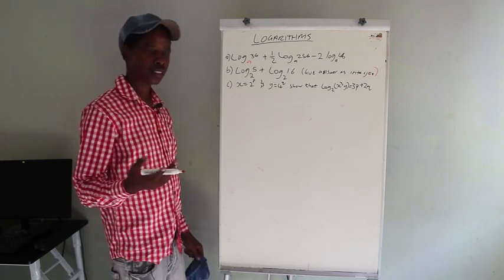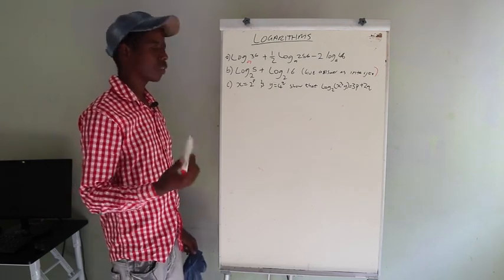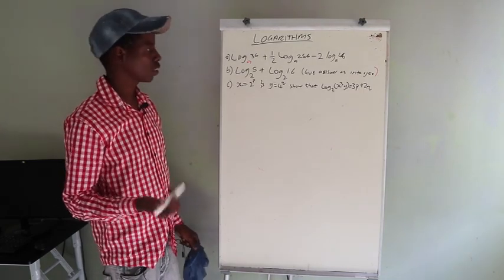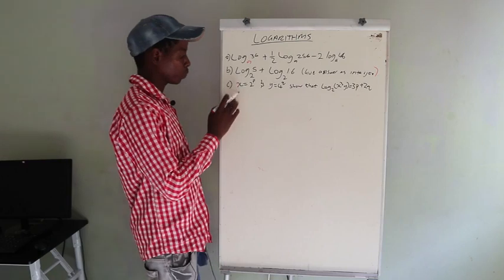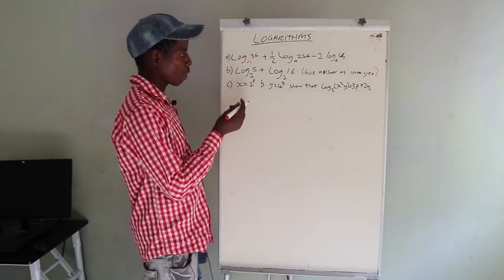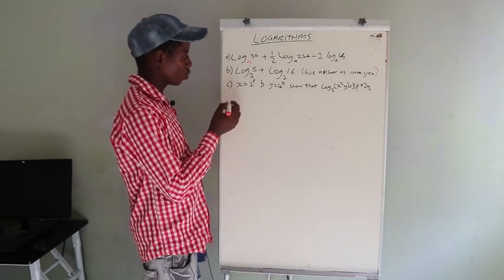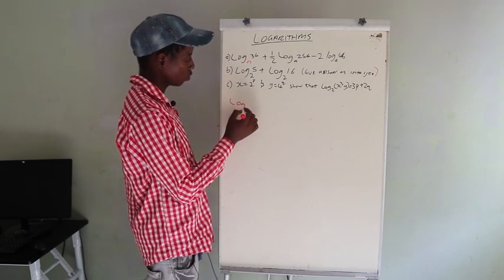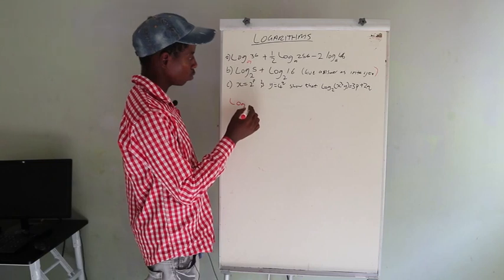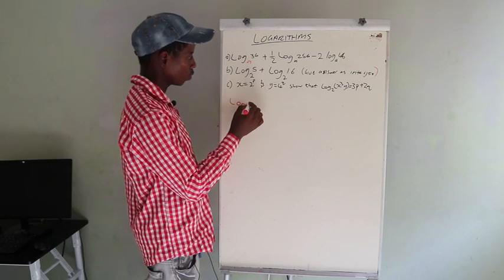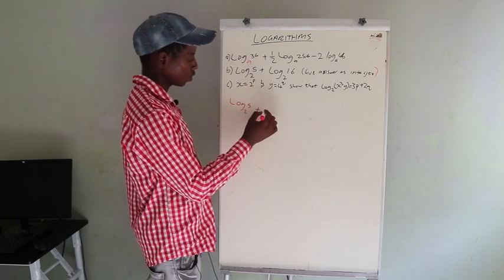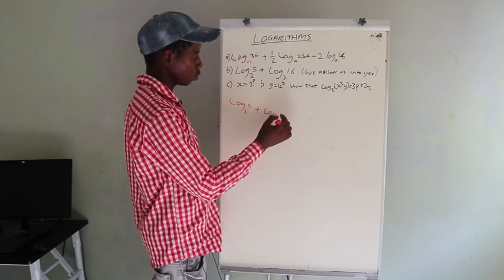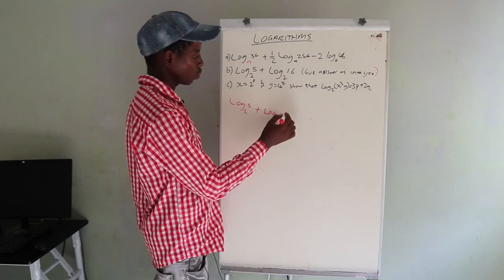When we talk about an integer, we are talking about a number without a decimal point, right? So we're going to write log base 2 of 5 plus log base 2 of 1.6.